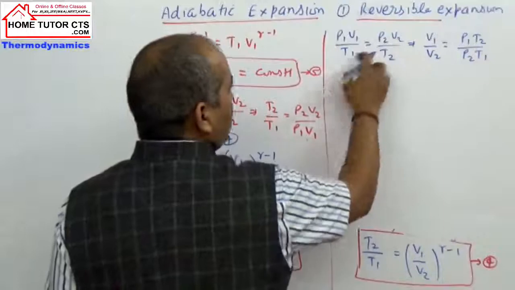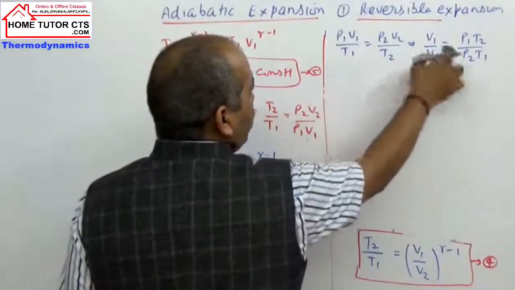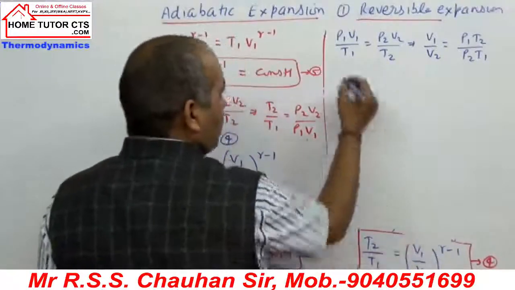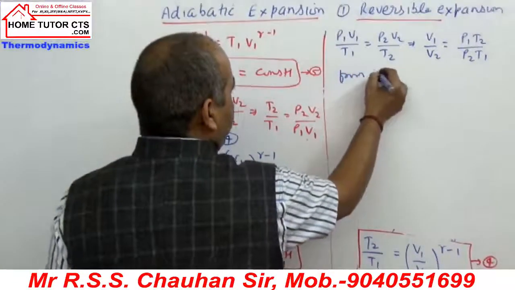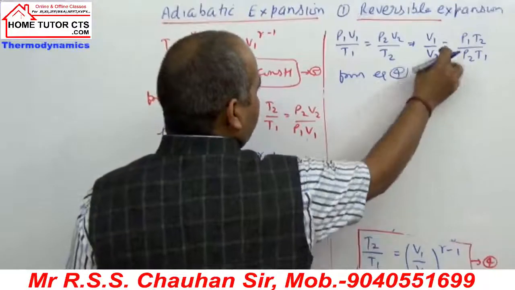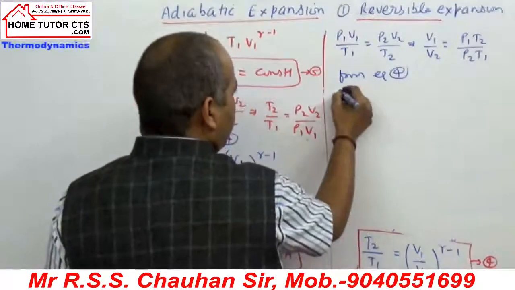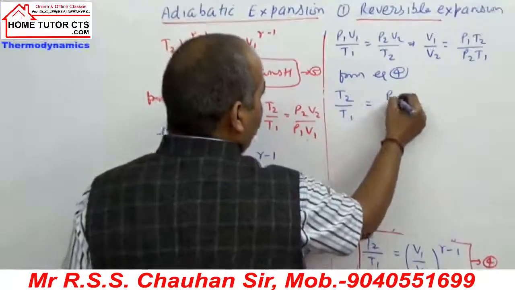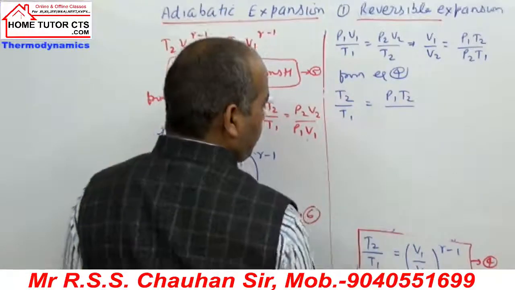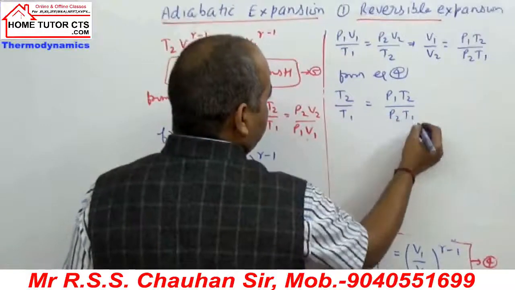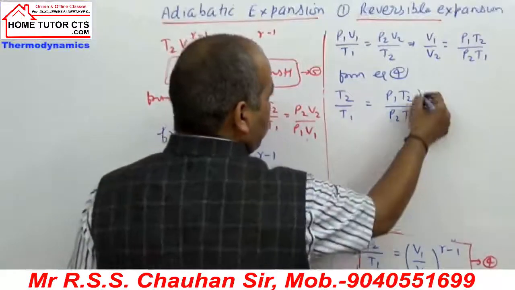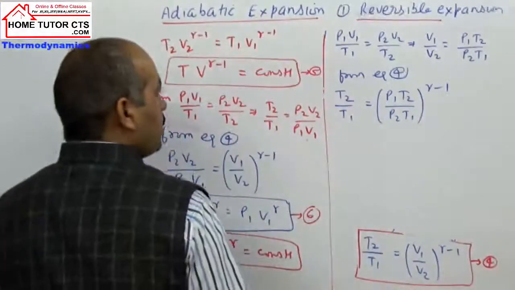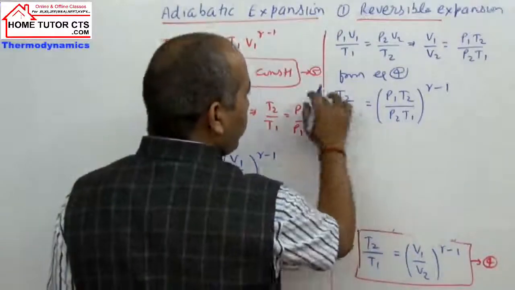Look, V1 by V2, how much is it? P1 T2 by P2 T1 in the given expression. So you can write now from equation number 4, using this expression, T2 by T1 is equal to P1 T2 by P2 T1 power gamma minus 1. When this expression is simplified, what can I write here?